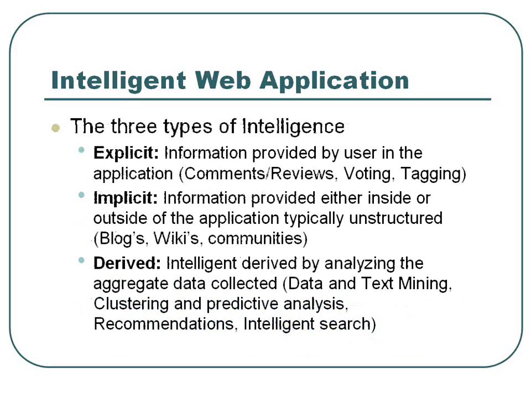Now if we talk about what sort of intelligence comes to your application using those features, you can have explicit intelligence in terms of information provided by the user in your application, like the user writing comments or reviews, voting, or tagging.